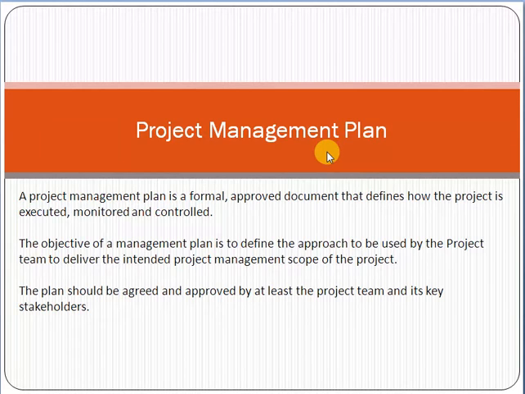Okay, so now coming to the main topic, the project management plan. Friend, the project management plan is basically a plan. As you know, a project has multiple aspects like scope, schedule, cost, financials, procurement, risk, issues, and communication. So as a project manager you have to plan how you will manage all those factors.